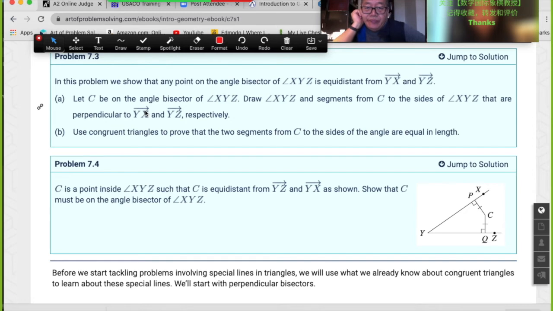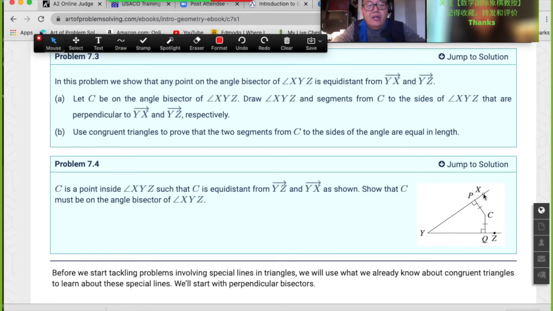Draw angle XYZ and segments from C to the sides of angle XYZ that are perpendicular to ray YX and ray YZ respectively. Use congruent triangles to prove that the two segments from C to the sides of the angle are equal in length. Okay, you can see this graph.